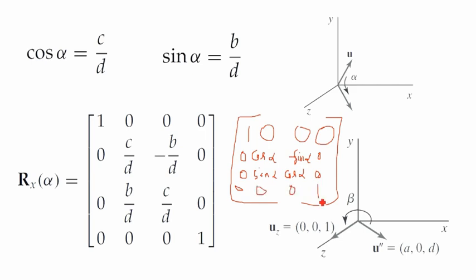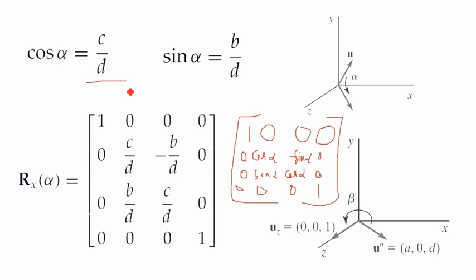So the cos alpha that we saw earlier is c by d, minus sine alpha is minus b by d, and sine alpha is b by d and cos alpha is c by d.